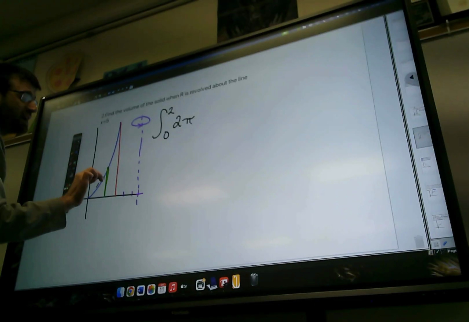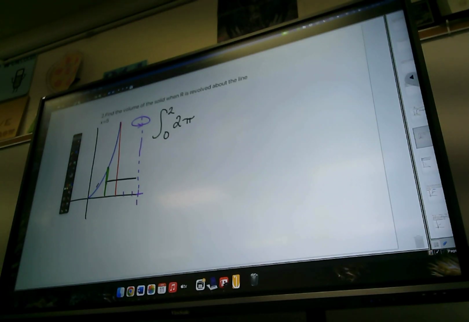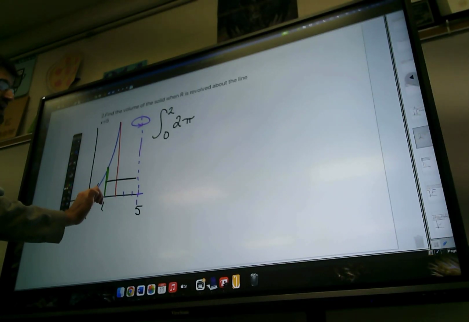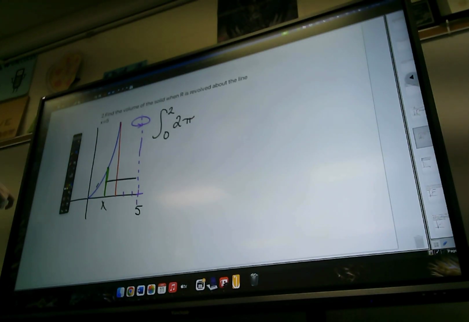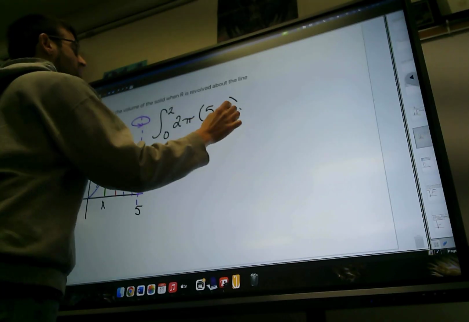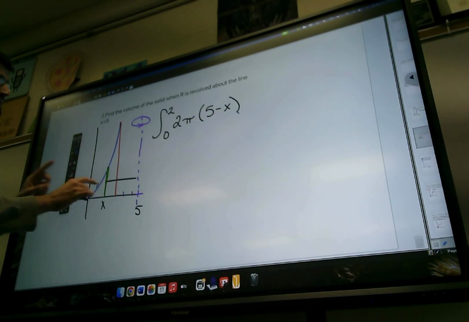Now I want to find this distance because that's technically the radius, the distance away from that axis of revolution. Now this is going to be x equals 5, and this is whatever x is. So I'm looking for this distance, which is 5 minus x. So if I take 5 units and subtract this x, that's going to give me this.